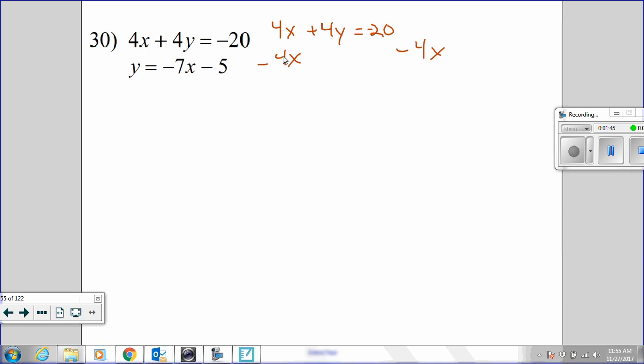All right. Once I do that, my 4x's will cancel out on this side, leaving me with 4y is equal to negative 4x minus 20. Notice how I put the negative 4x in the front so it'll look more like y equals mx plus b. Now my next step is to isolate this y by dividing by 4 all the way across.